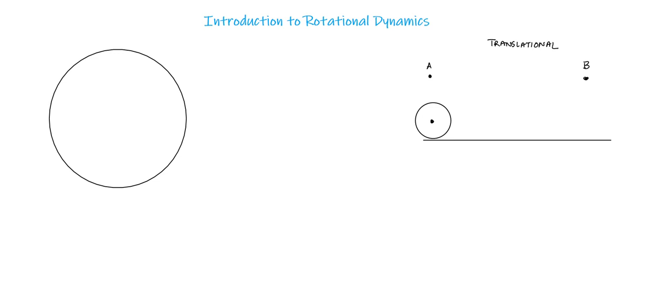Now what I want to do is draw a force diagram for this ball and use that to help write a net force statement. So I'm going to say that there's some weight acting on the ball by the earth. Then there's a normal force pushing up on the ball by the ground or the earth.